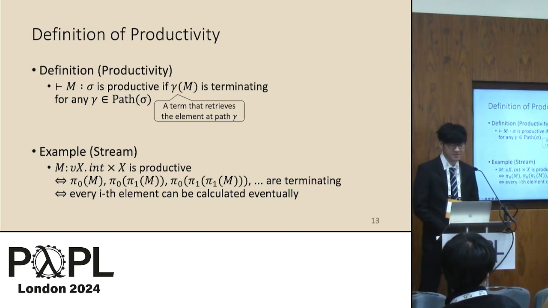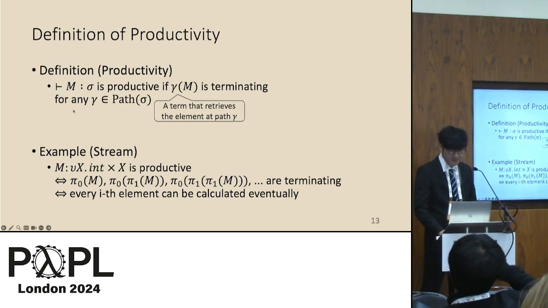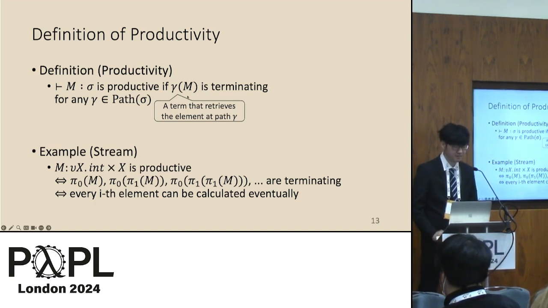Now let me explain the definition of productivity. We define a term M of type sigma as productive if for every path gamma to access an element, gamma M is terminating. Here, gamma M denotes the term obtained by applying the corresponding destructors.